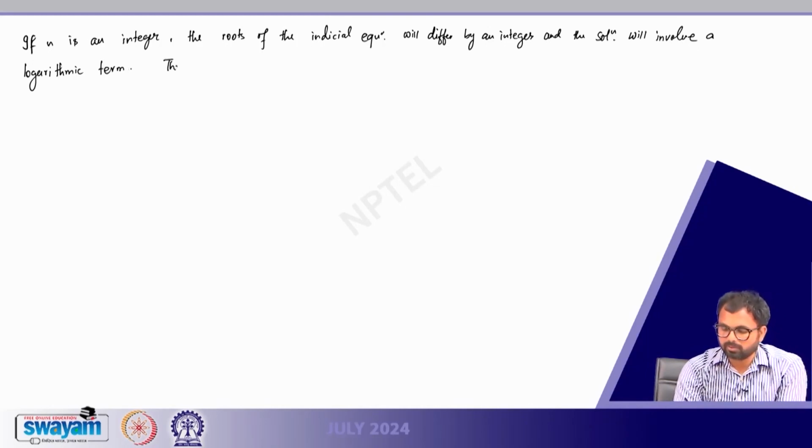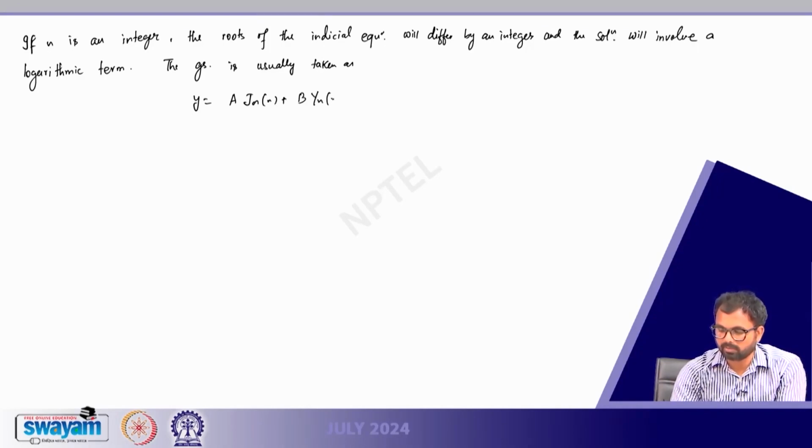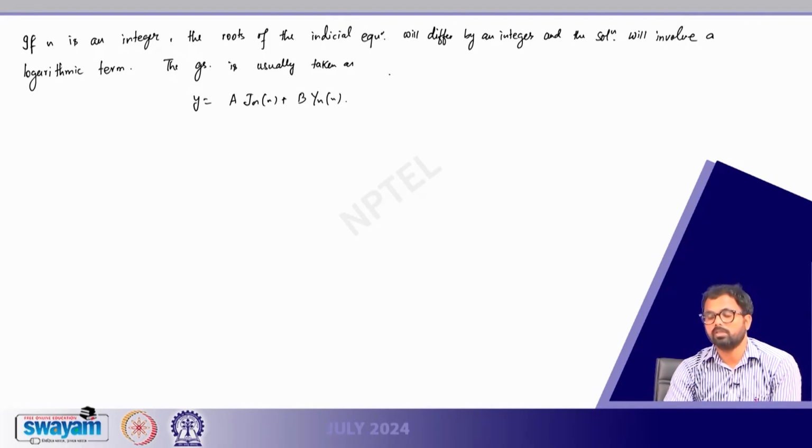So, the general solution is usually taken as y = a J_n(x) + b Y_n(x). Let us call the second independent solution Y_n(x).